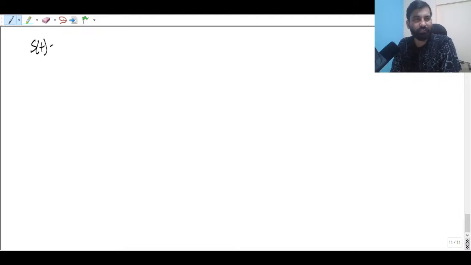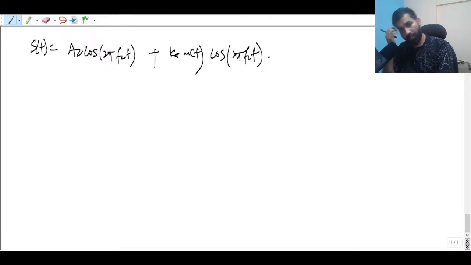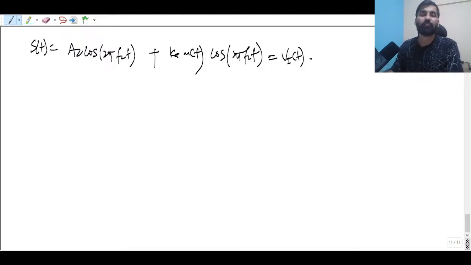What is ST, guys? In case of AM, ST is nothing but Ac cosine 2 pi fc t plus k m t cosine 2 pi fc t. I think anybody can recall this. This is the standard AM, and this is equal to your input only, vi, the input to the non-linear device.